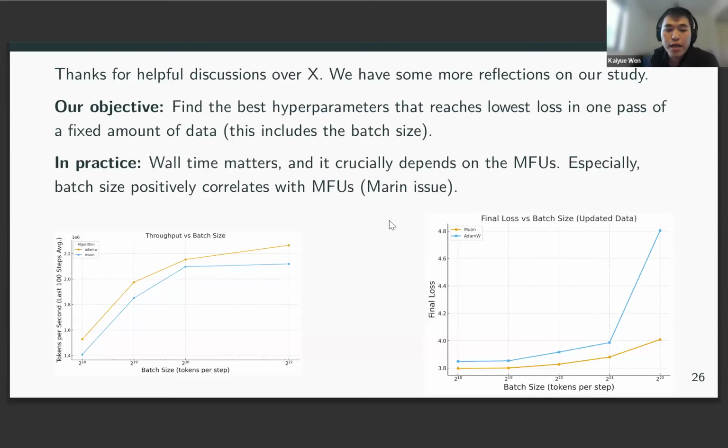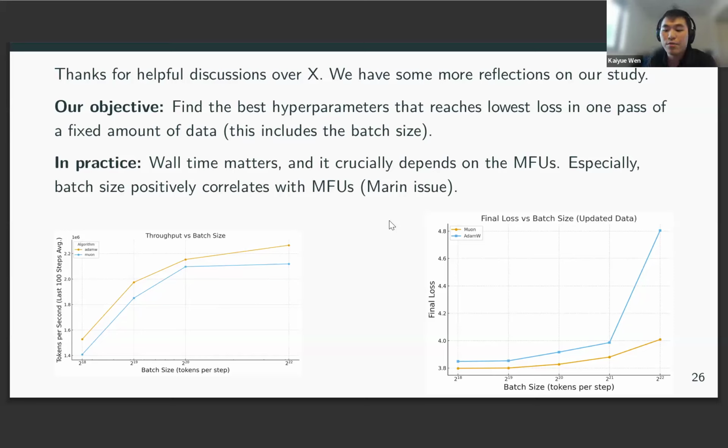But in practice, time is a crucial component, and once your hardware is fixed, it depends on the MFU. In particular, the hyperparameter batch size positively correlates with MFU, which is shown in the left figure, where we see that with higher batch size we can train with more tokens per second, meaning that the training run will be faster for a fixed data count.